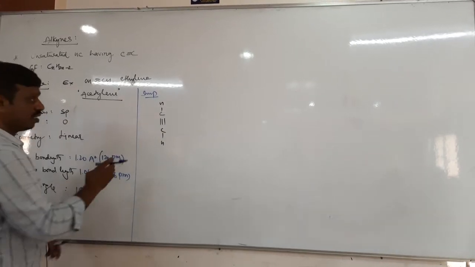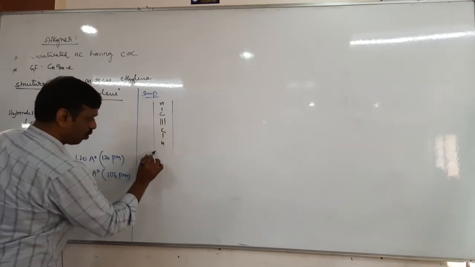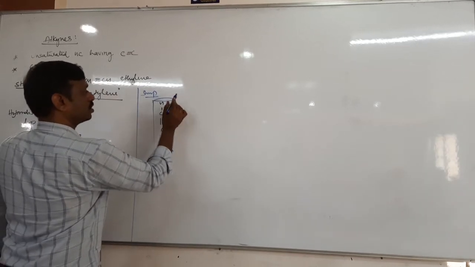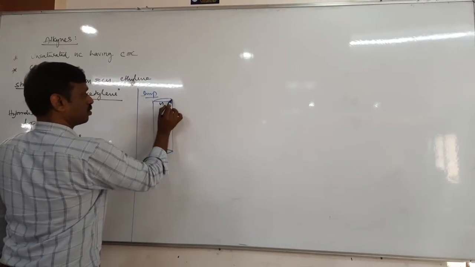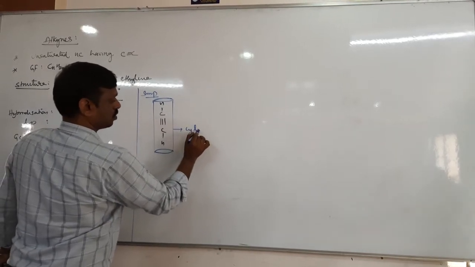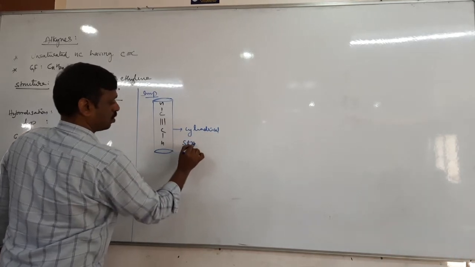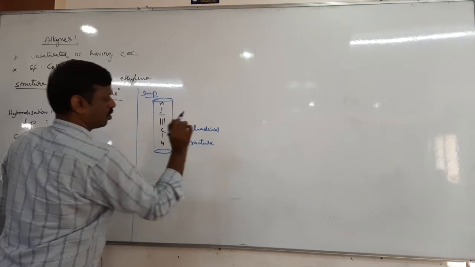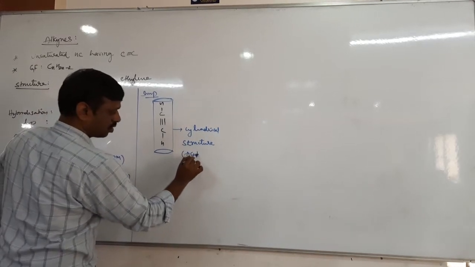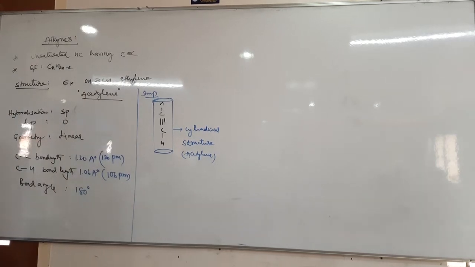The structure of this molecule looks like a cylinder, hence it is called a cylindrical structure. So remember, only acetylene, not other alkynes, has a cylindrical structure.